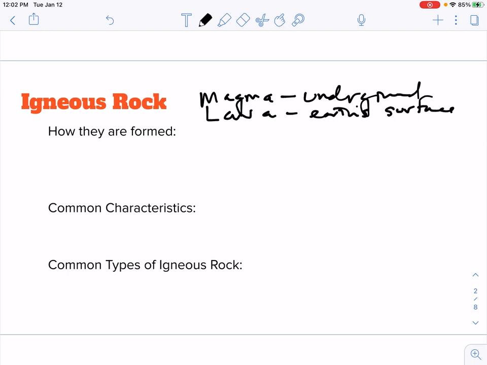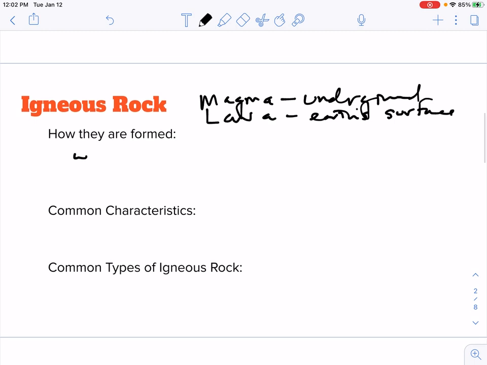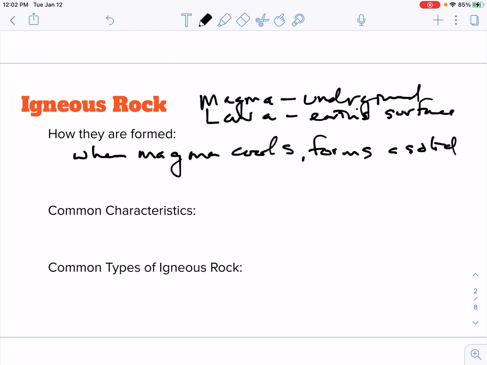So igneous rock is what you get when magma, and we'll just call it all magma, cools. You get this piece of igneous rock, and it forms a solid rock.